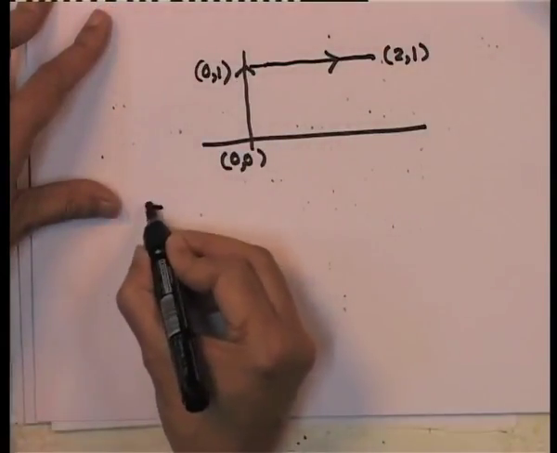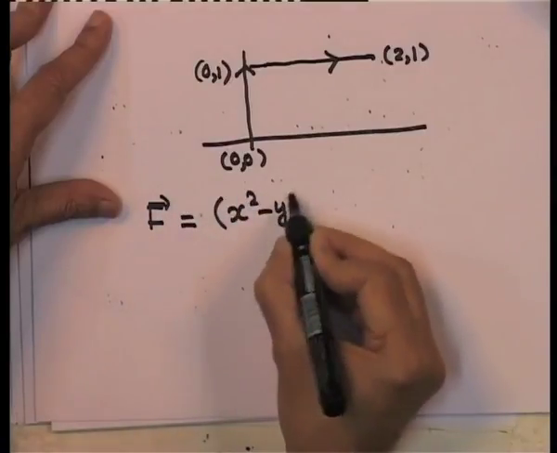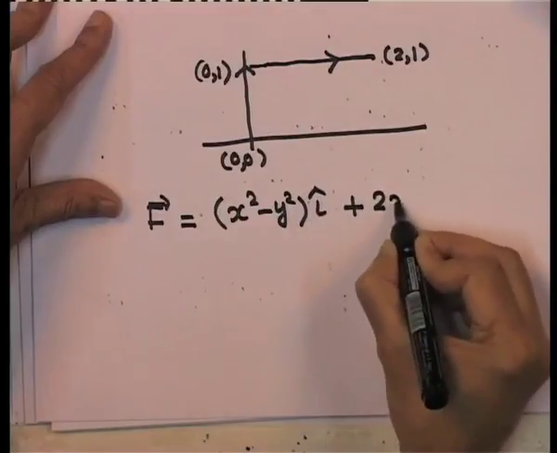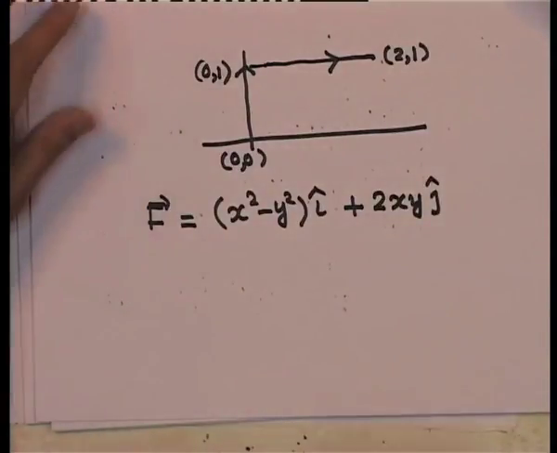Recall my force is x square minus y square, x component, and the y component is 2 x y j. Now, look at this.